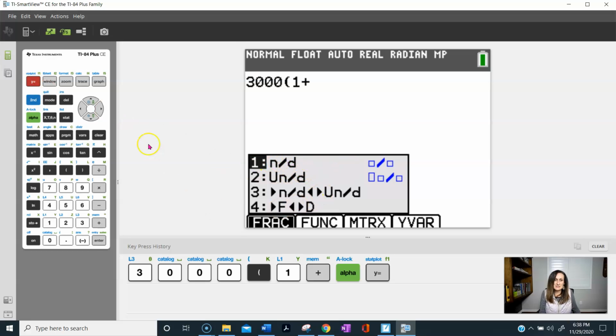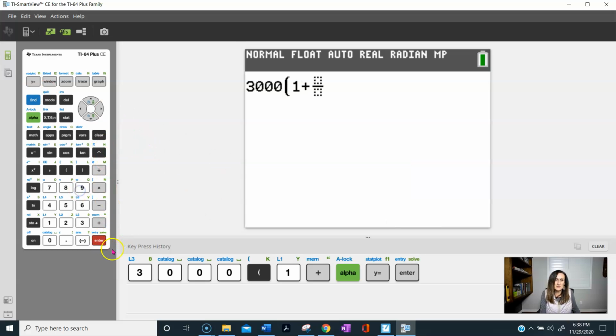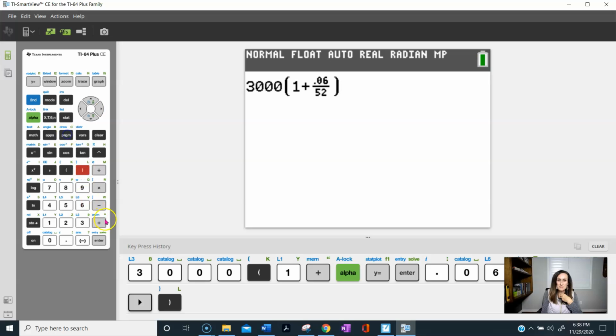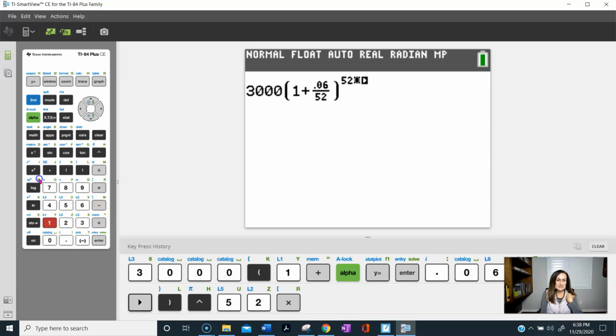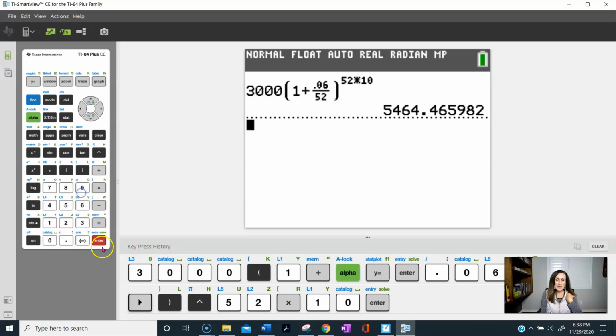I really like this fraction bar. I use it quite often. In the top is the rate, which is 0.06, and in the bottom is the number of times we're compounding. Since it's weekly, we put in 52. We arrow out, we close the parenthesis. Then we put raised to, and then you type in 52 times 10. And then when you hit enter, that's going to be the amount.